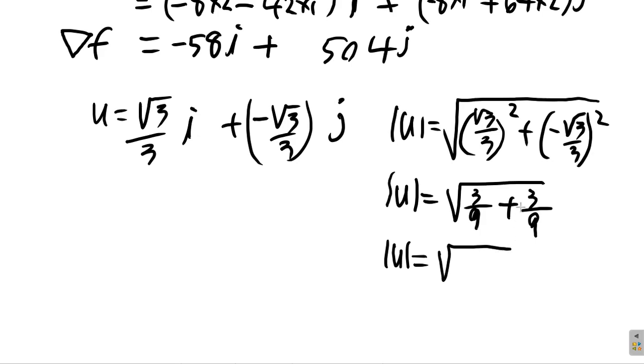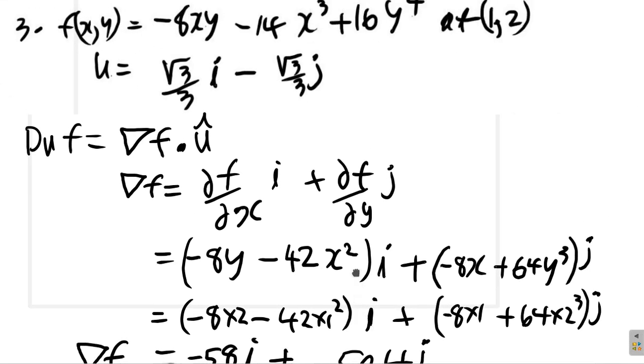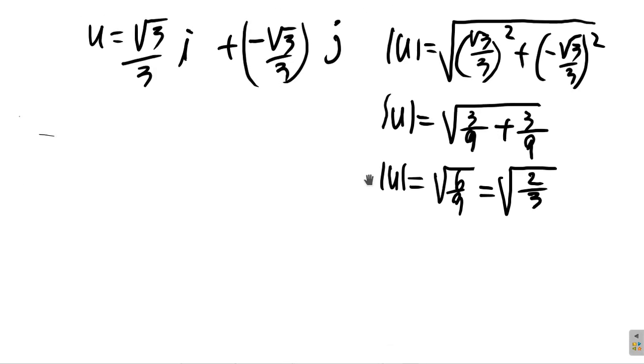This will be the square root of 3 plus 3 over 9, so it is 6 over 9, which is the square root of 2/3. Alright, so now the dot product.